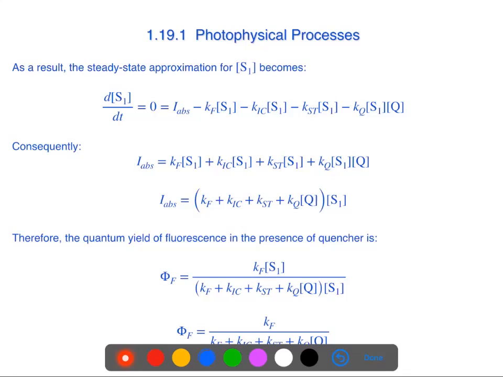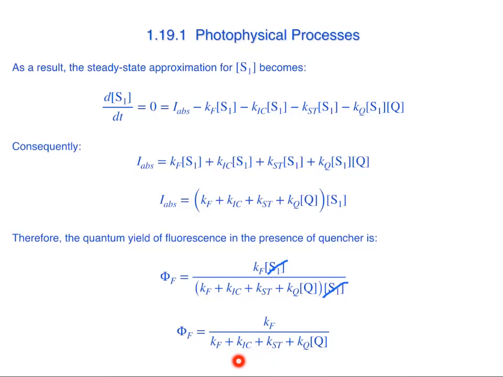We then simplify this expression by canceling our S1s in both sides of the quotient, and we're left with the following expression, where we now have the fluorescence quantum yield in the presence of a quencher being equal to the rate constant of fluorescence all over the sum of all the competing pathways, that is fluorescence, internal conversion, intersystem crossing, and our new term, Kq times the concentration of quencher.